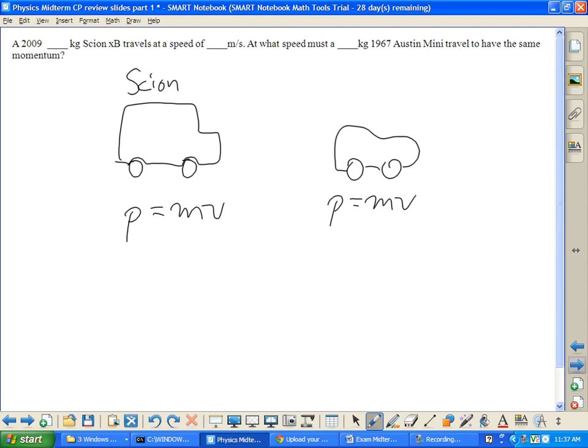Let's say it's 2,000, 1,000. Oh, wait, never mind. I thought it said 2,000 meters per second. So here you know the mass, you know the velocity, so you're going to get some known amount of momentum.